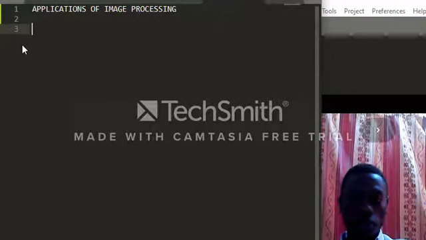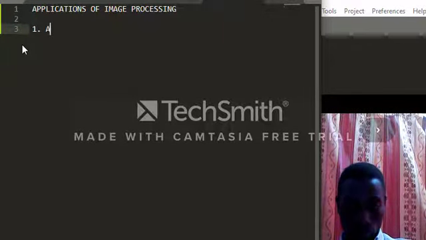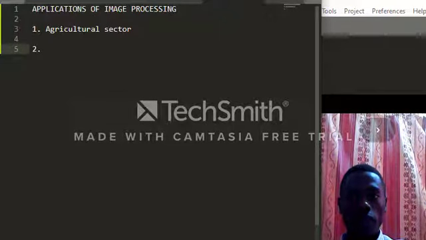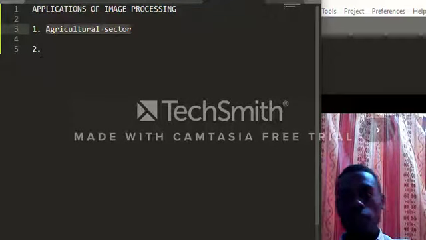So the first application is that image processing can be applied in the agricultural sector. I don't need to talk more about this because everything was talked about in the first 3 videos. So that is the first application of image processing.